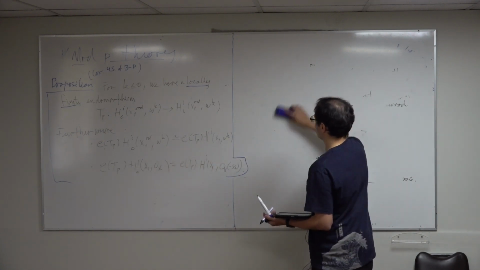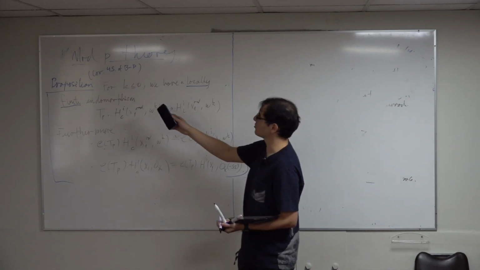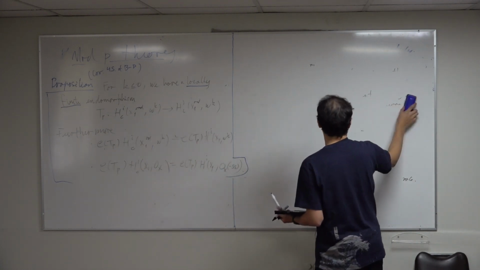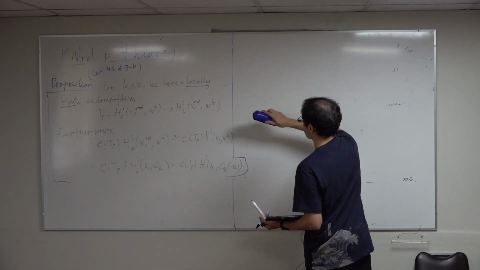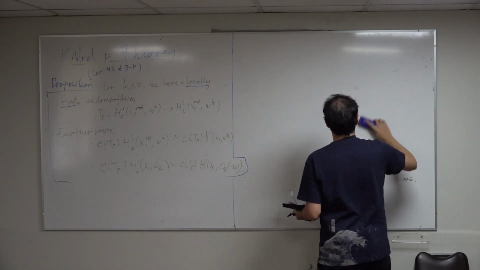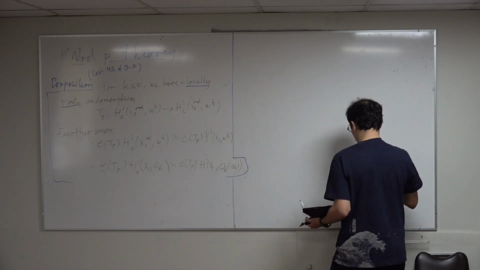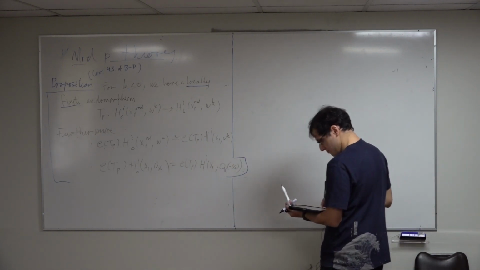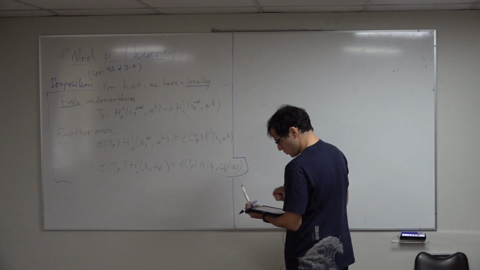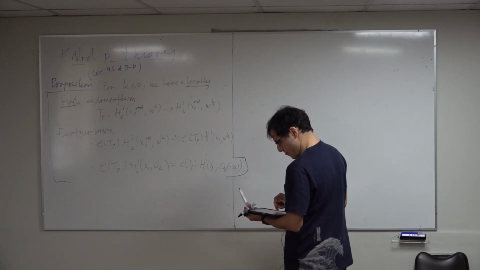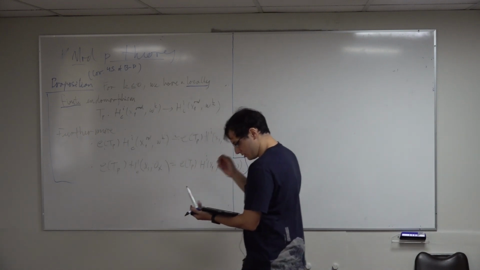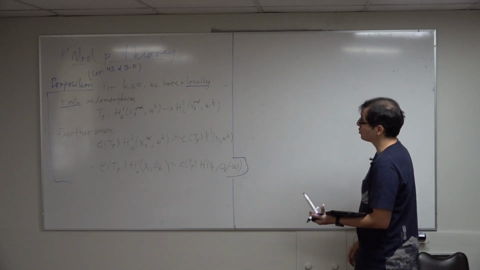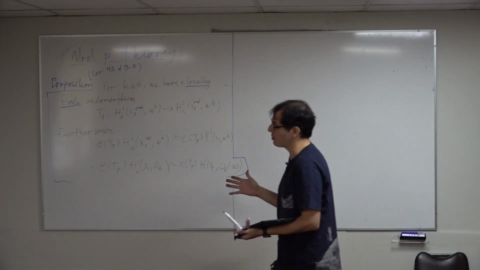But when k is greater than 2, we don't need compact support. So this is, let's say, the main proposition.